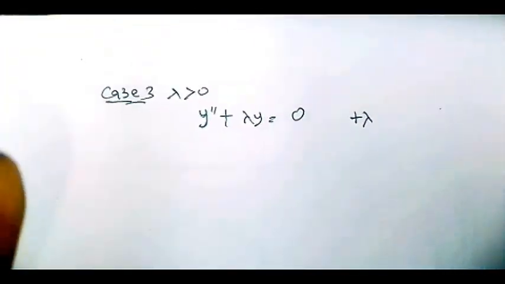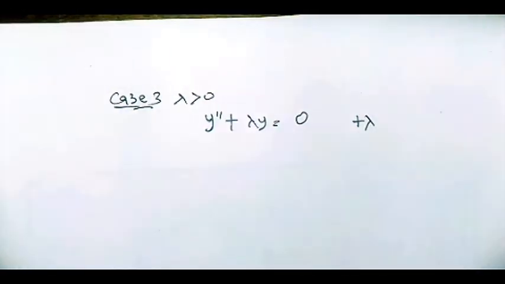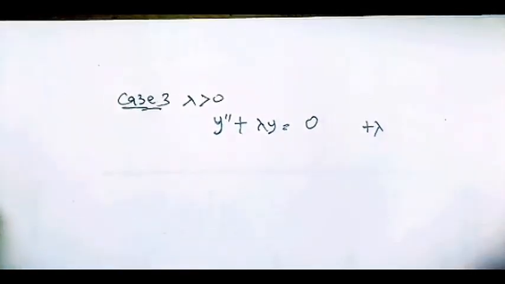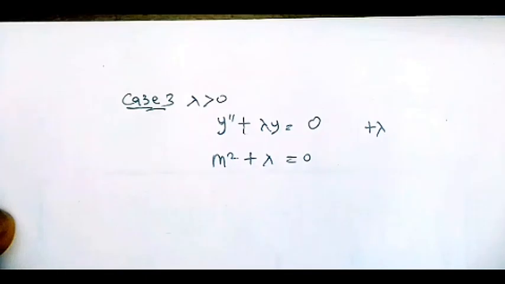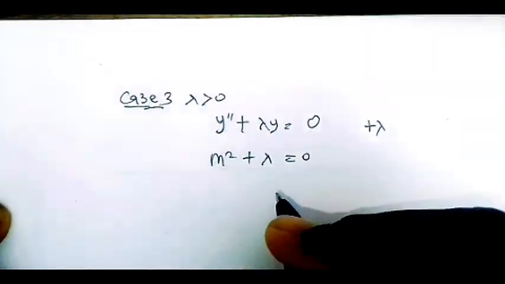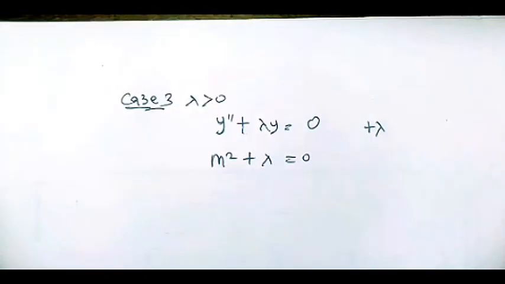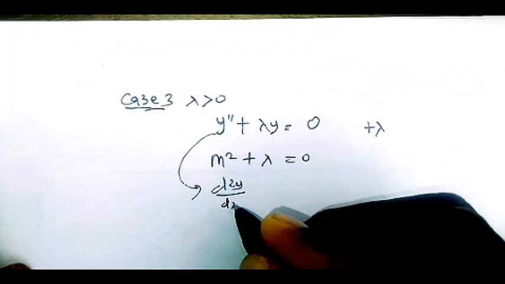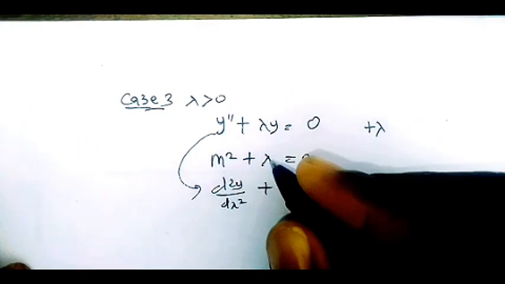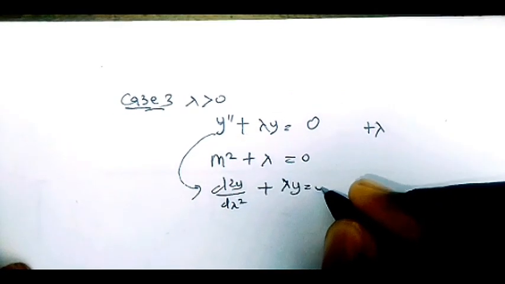We don't need to change it, so we can just solve from there. Applying our auxiliary equation, we'll be having m squared plus lambda equals 0, right? Before we solve this, we all know that this also means d squared y over dx squared plus lambda y equals 0, right?